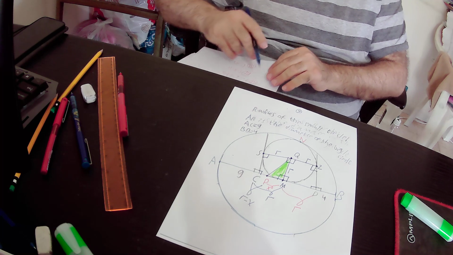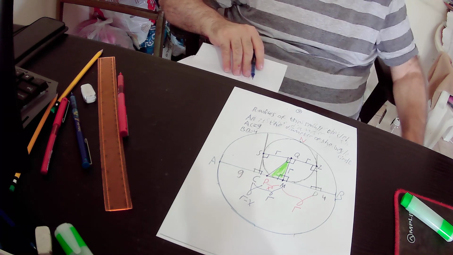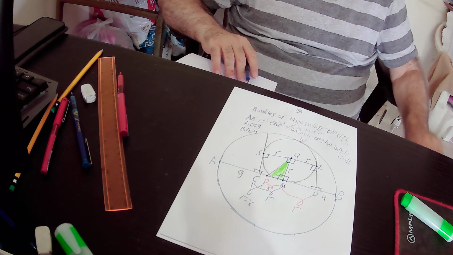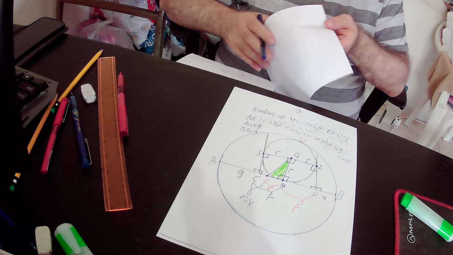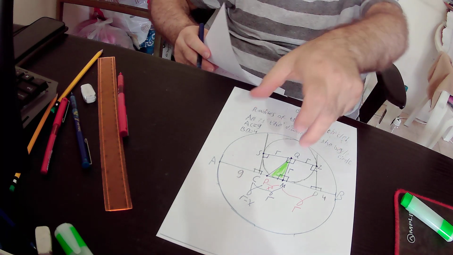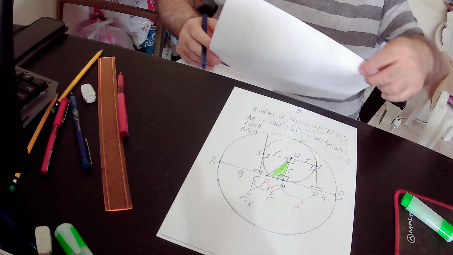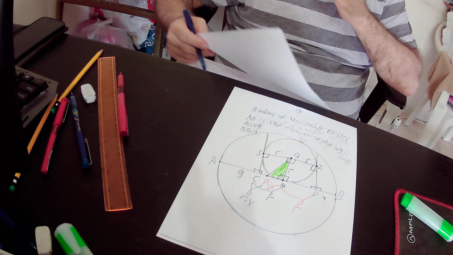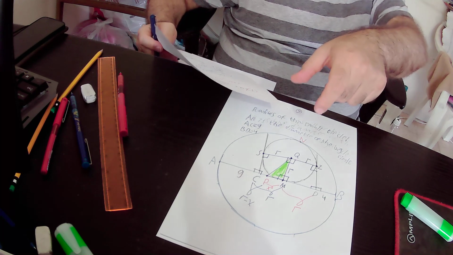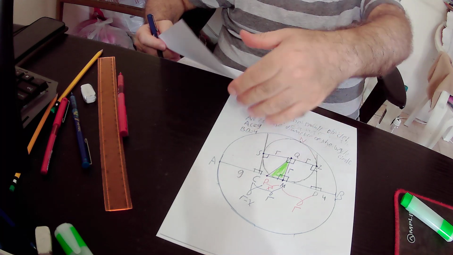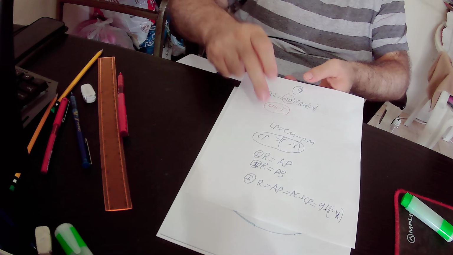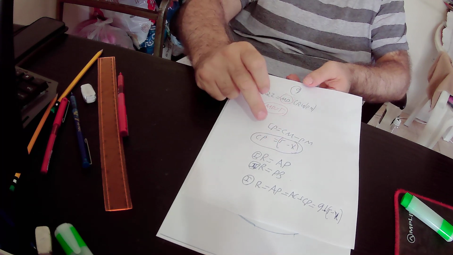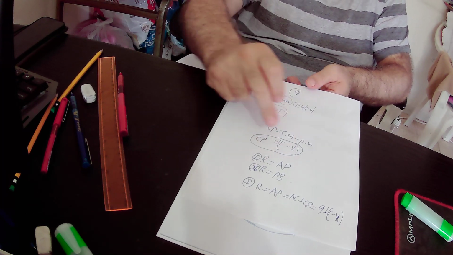And then we created 2 equations for the radius of the big circle. The first equation states that the radius of the big circle, capital R, equals AP.